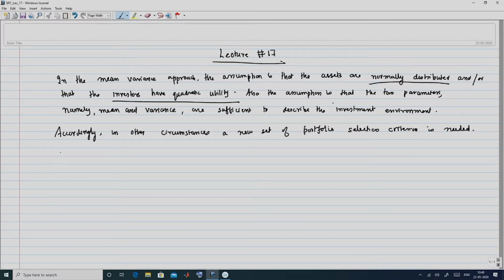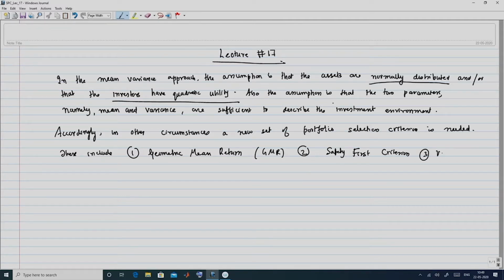Now, some of these include, for example, a geometric mean return, which we will discuss in today's class. Then we have the safety first criteria. The third is value at risk. This is something we will discuss in detail in the later half of the course, or VAR. Then we have something called the semi variance.